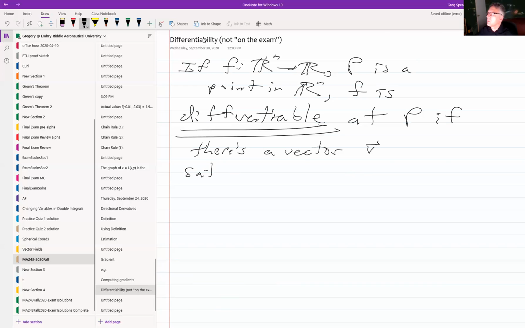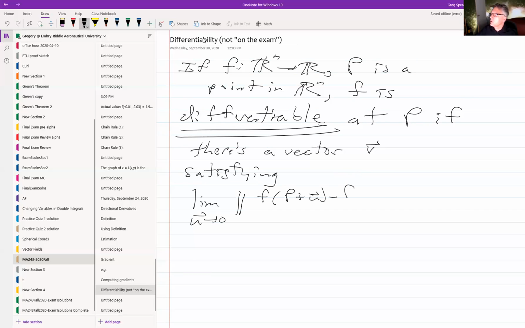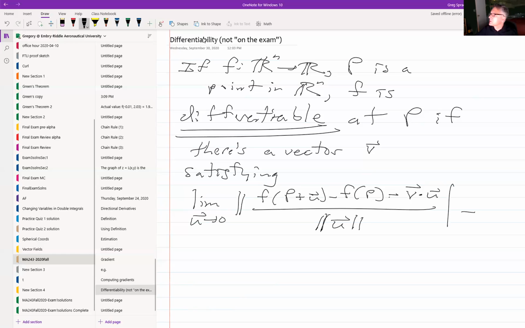B, satisfying this limit. The limit as u goes to 0 of the absolute value of f of P plus u minus f of P minus v dot u, all over the length of u, is 0.